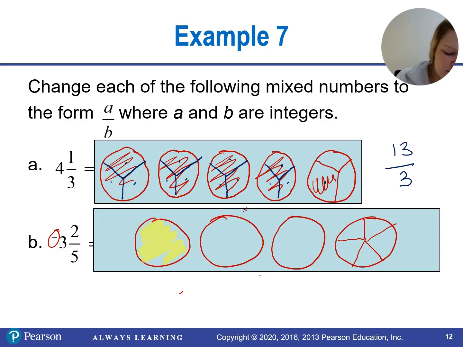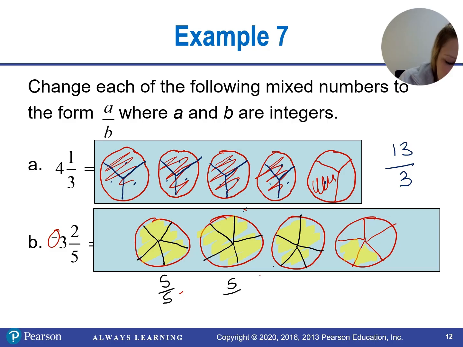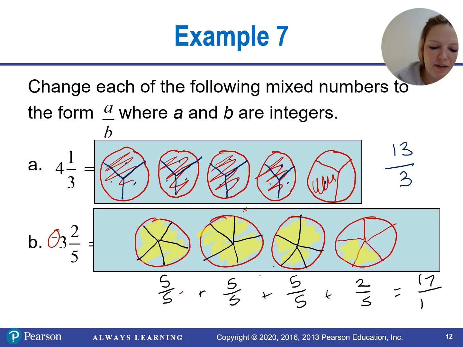So for my 3 wholes, I need to figure out how many fifths each whole will be worth. And each whole is worth 5/5. So I have 15/5 plus 2, 17/5.